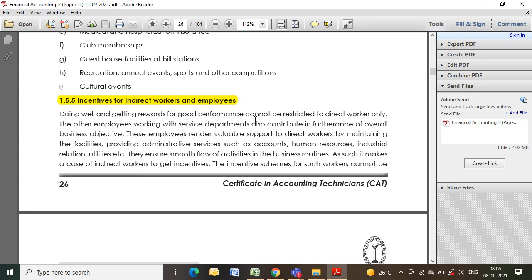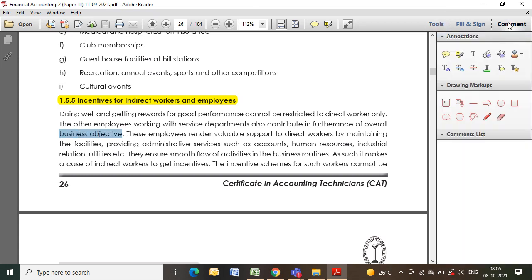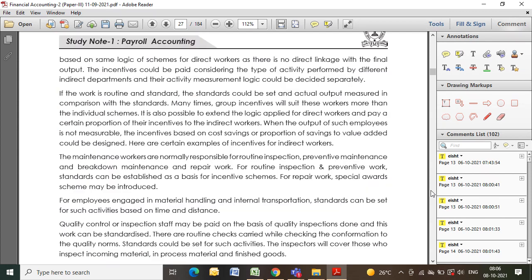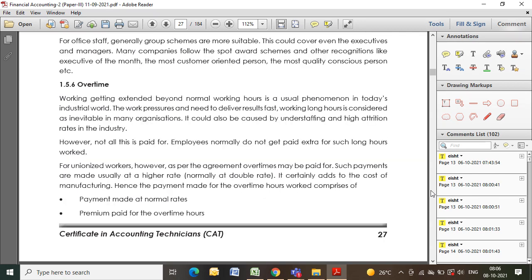So, ultimately it helps the business objective that is very essential because unless and until your objective is met, why will anybody work for it? Okay. So what you do is you make incentive schemes just to ensure that people work hard and basis that logic the incentives are paid.